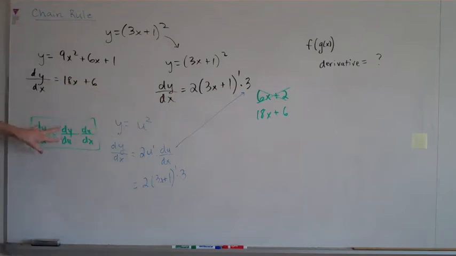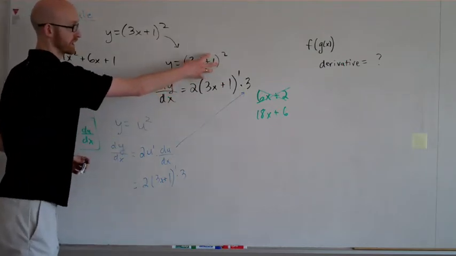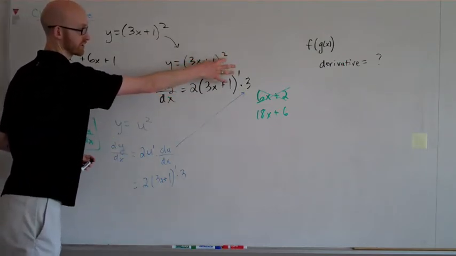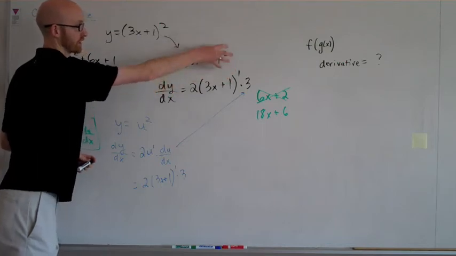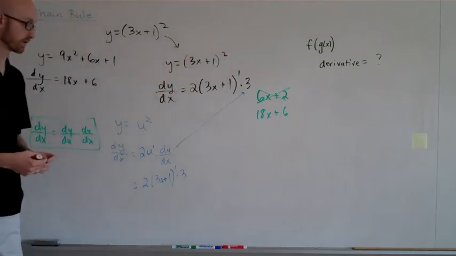And this is why I really want this notation to be a part of your thought process. And then afterwards, we have to respect the fact that u might change with respect to x. So a change in x causes a change in this inner function, and a change in that causes a change to the function y itself.